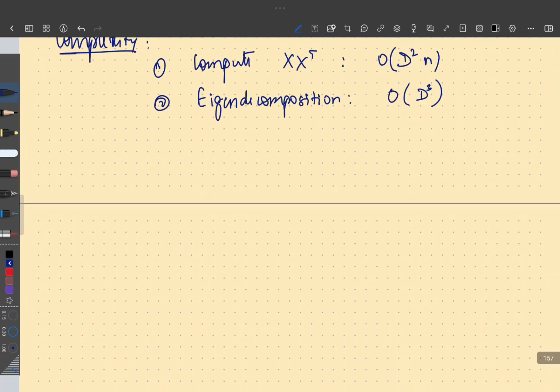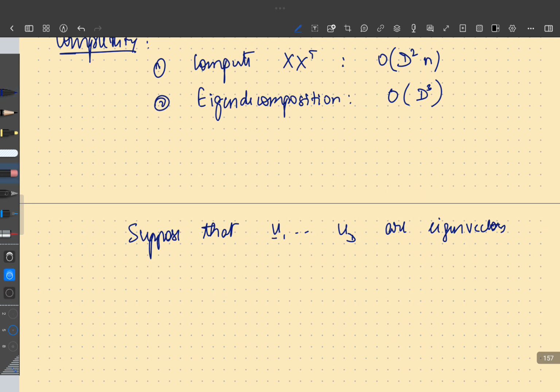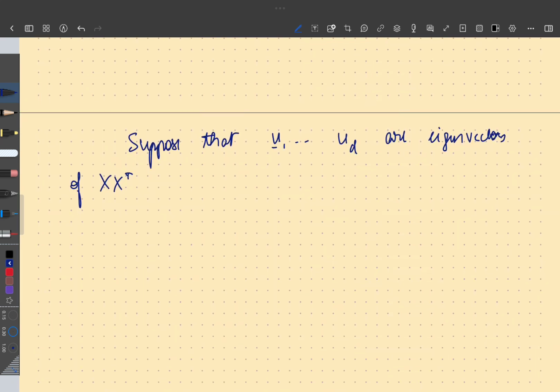So let's suppose that U1 up to U little d are eigenvectors of XX transpose. Okay.